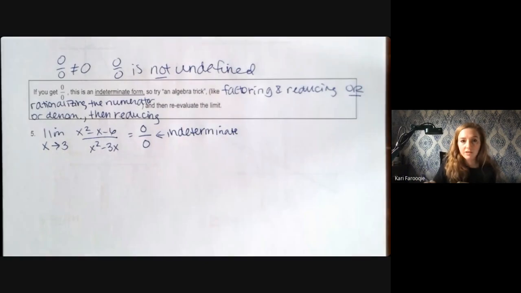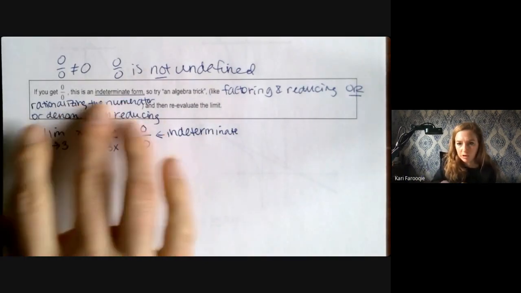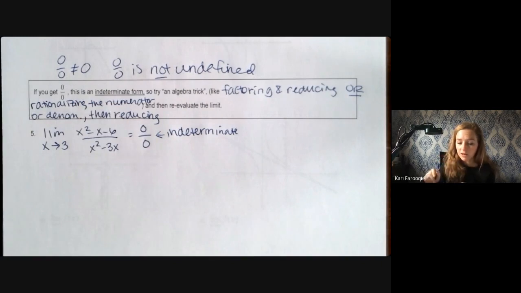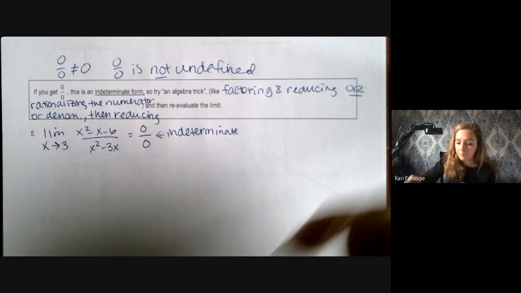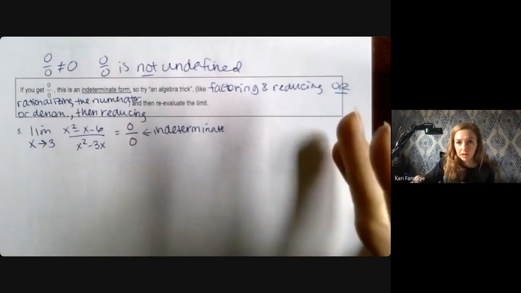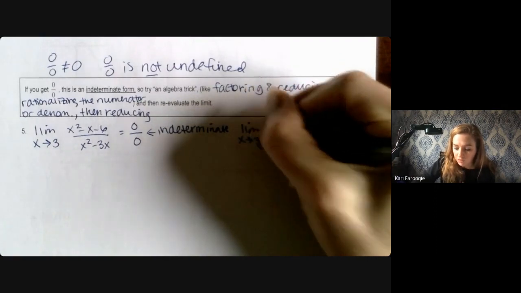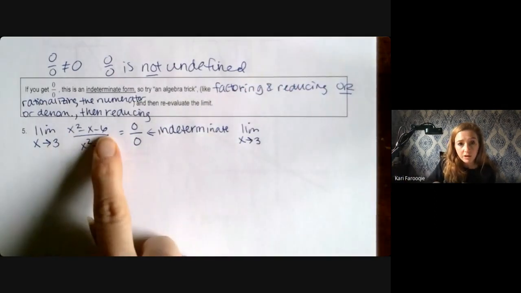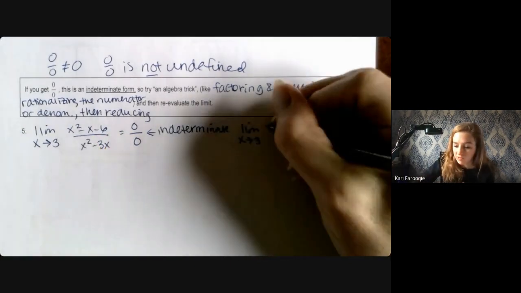We're going to rewrite this using algebra. Don't rationalize, because this would be the situation where you have a radical. We don't have that. We're going to rewrite this polynomial in factored form. So I'm going to rewrite this as the limit as x approaches 3 of, and when I factor this, the 2 numbers that multiply to negative 6 and add to negative 1 are negative 3 and positive 2.